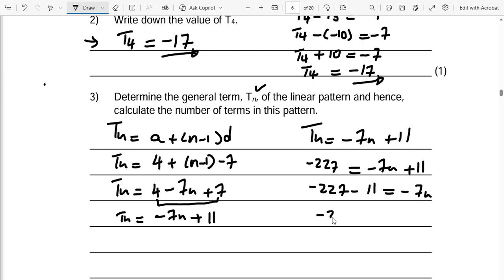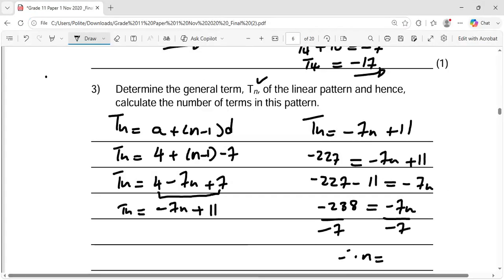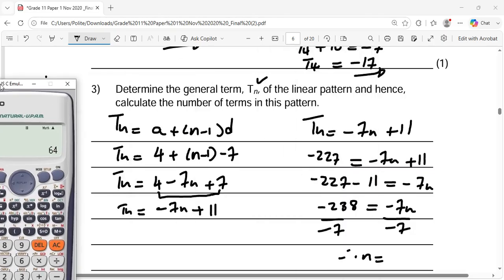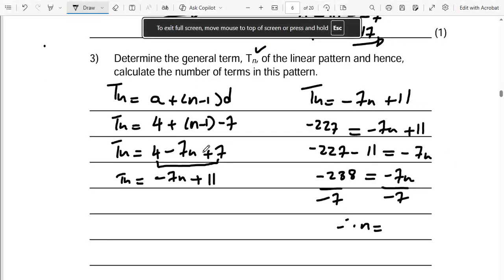So this would be -238, it's equal to -7n. I think we're going to need a calculator for this one. Therefore, what is n? We need to take the negative and cancel, so I'll just say 238 divided by 7, and the number of terms is 34. So there are 34 terms. So n is equal to 34.